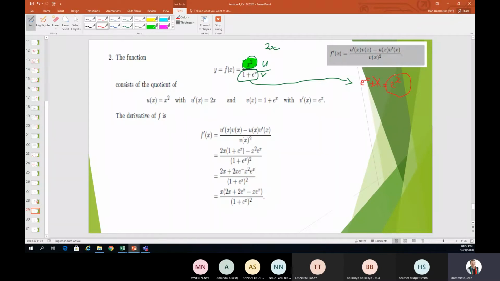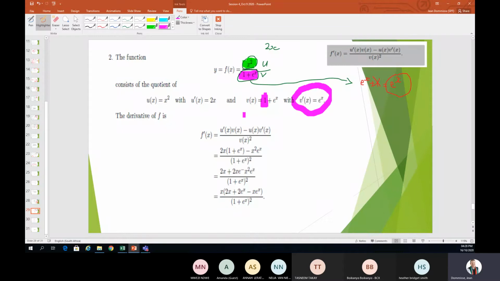So the bottom term differentiated is e to the power of x. When you originally look at this, it does seem difficult, but when you differentiate it out, you can see it is actually not that difficult. The important thing is one is always worried what happens to that 1.